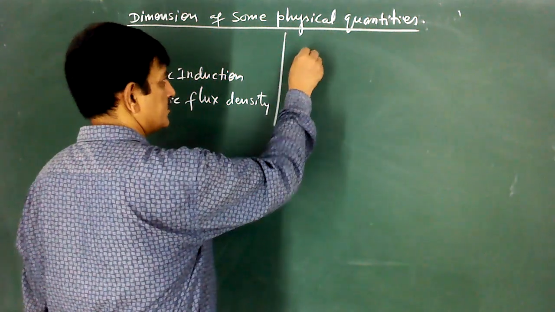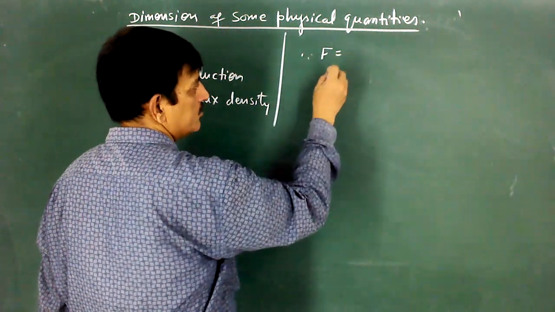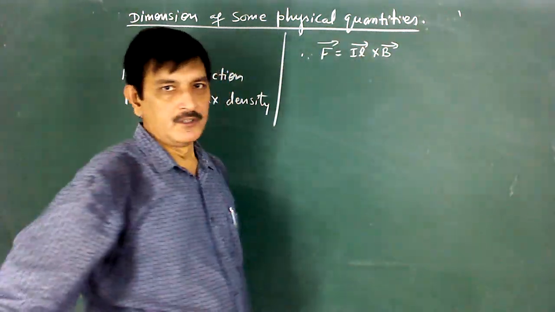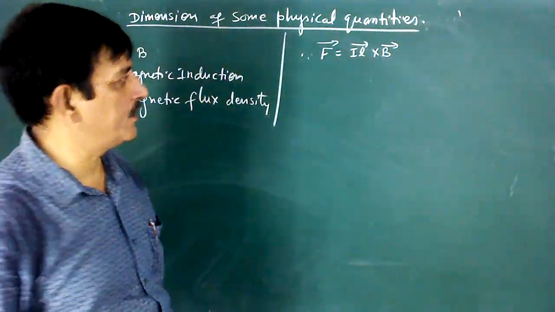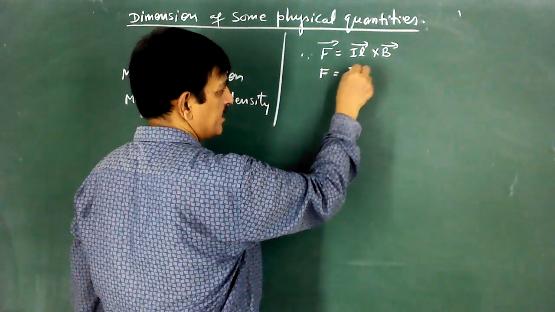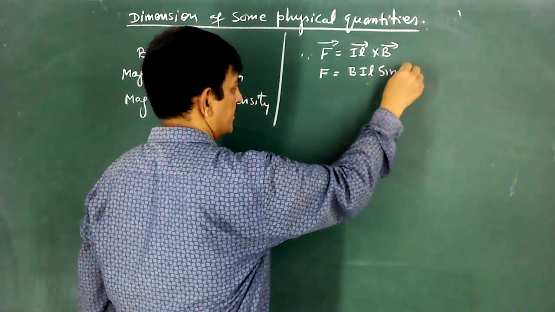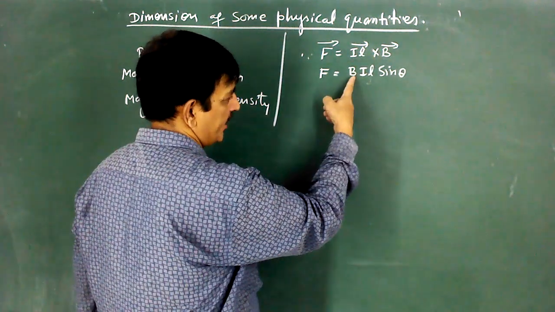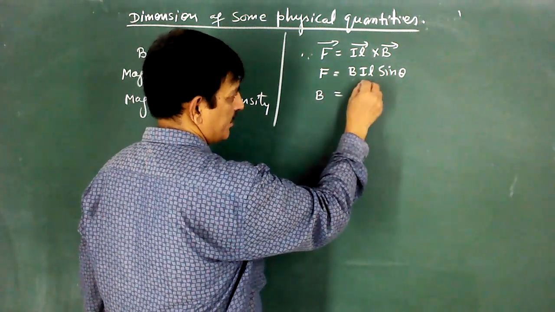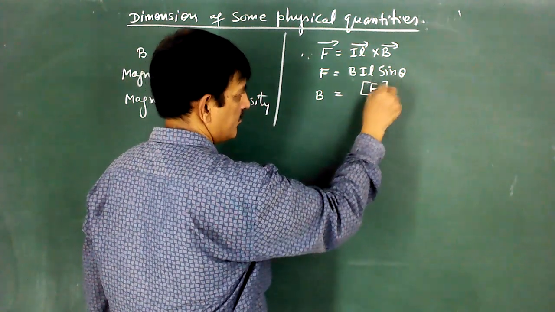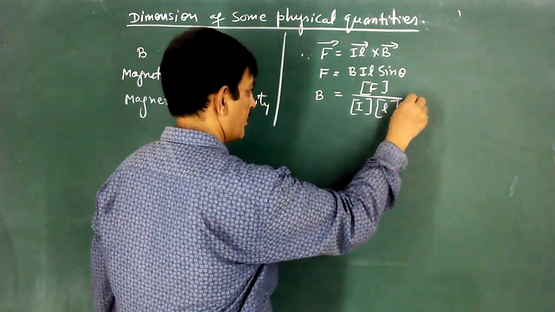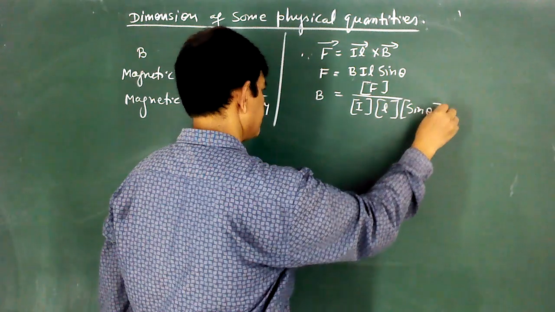Since we know that F is equal to I L cross B, this is the equation we have already explained earlier. So the magnitude of F is equal to B I L sin theta. So the dimension of B can be obtained from the dimension of F divided by the dimensions of current, length and sin theta.